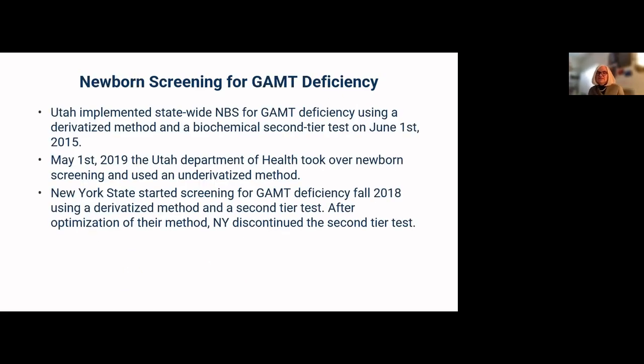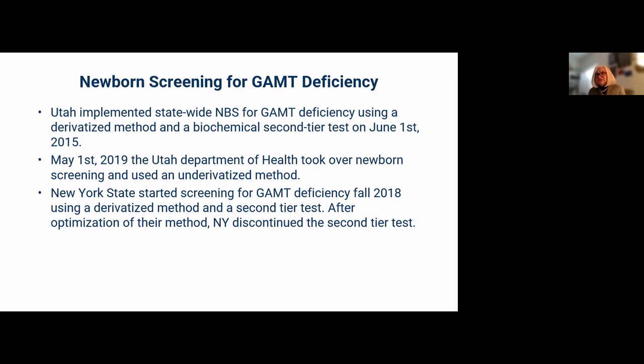So we in Utah implemented the statewide newborn screening for GAMT deficiency on June 1st, 2015. And we used a derivatized method, and we had also implemented a second-tier test, a biochemical second-tier test, for all the samples screening positive on the routine screening.